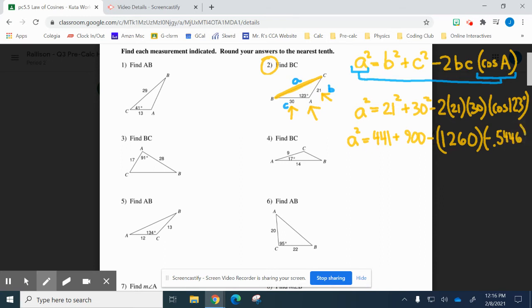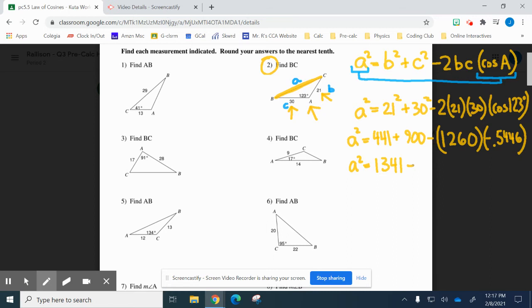All right. So 441 plus 900. So A squared equals, and again, if you're calculator proficient, you do not need to use all these steps. But I will tell you something: make sure you have a good understanding of where to put the parentheses and all that stuff, like when you're using the square root function. I'll set it up in a second for you, calculator wise.